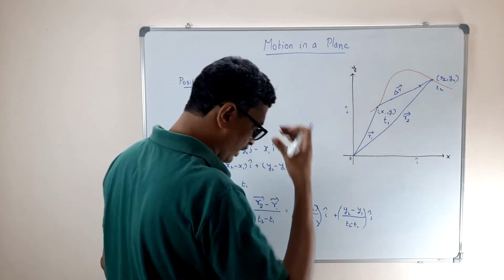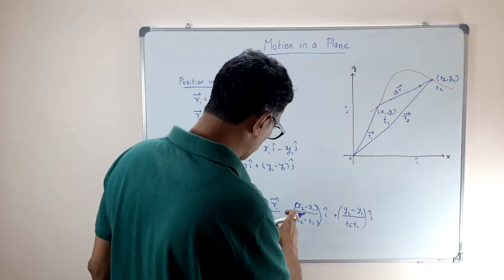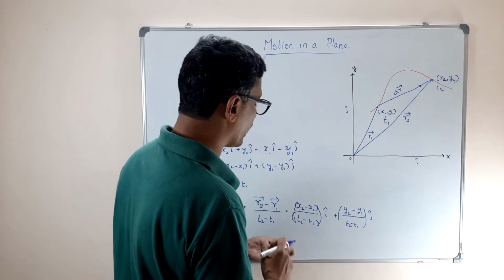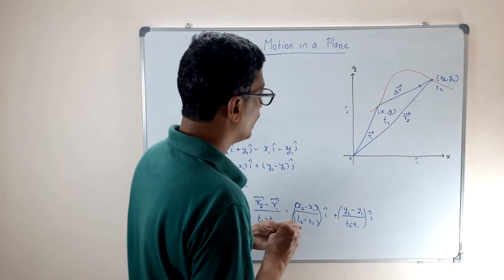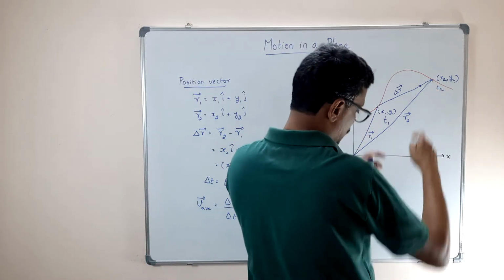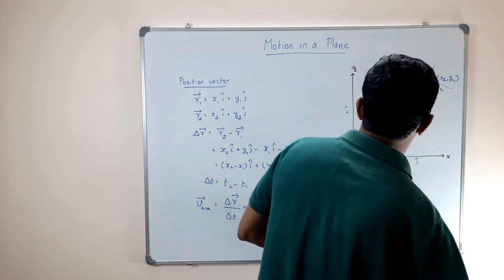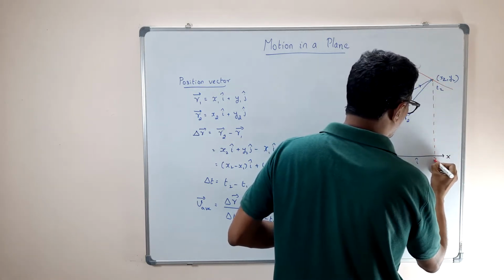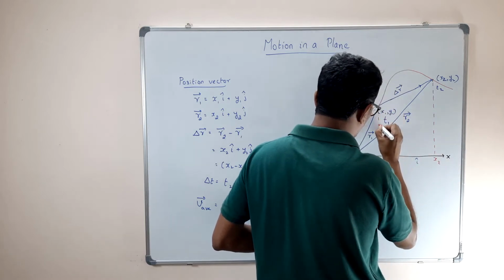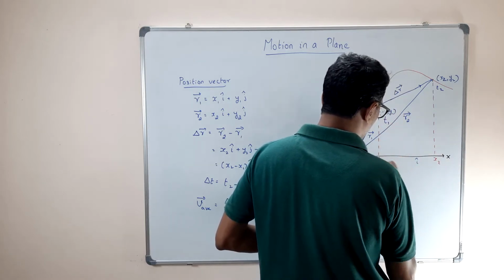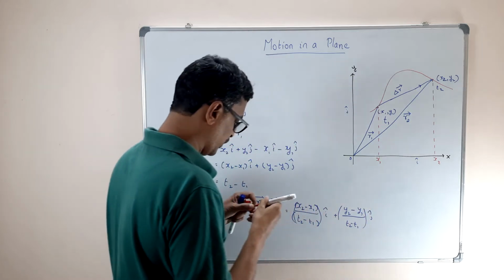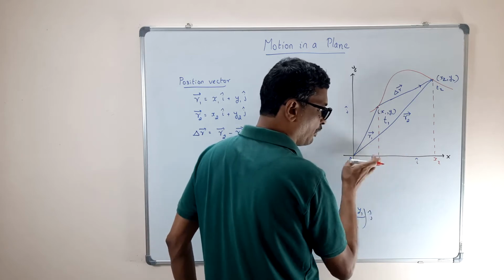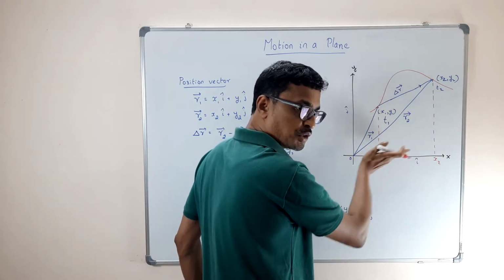In fact, we can write this as, now you tell me, x2 minus x1 by T2 minus T1. What is that? Let me drop this line perpendicular here. This is x2. This is x1. If you see here, x2 minus x1 by T2 minus T1 is something like a rectilinear motion, right?